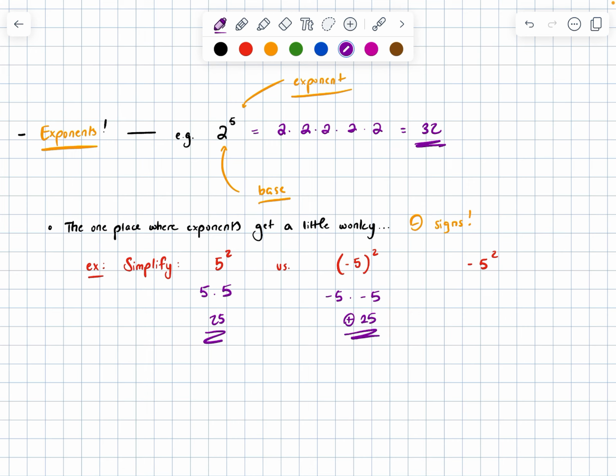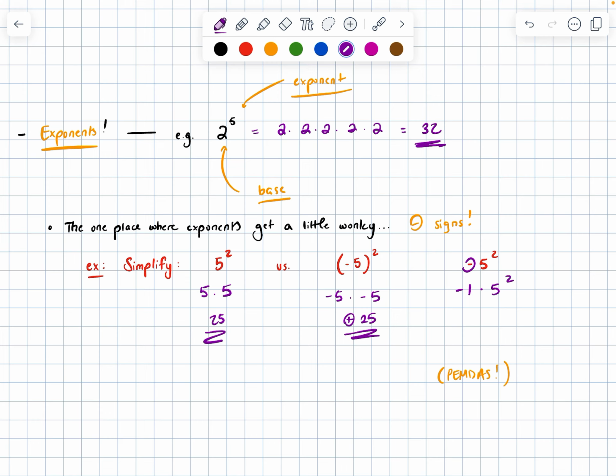But for negative 5 squared, and you'll notice there's a difference in the way that I say it with a little bit of a pause between the negative and the 5. For negative 5 squared, the hint that I gave you was to think about your order of operations. This is really a PEMDAS problem in disguise. You may remember that a negative sign in front of something, that really means negative 1 times the thing.